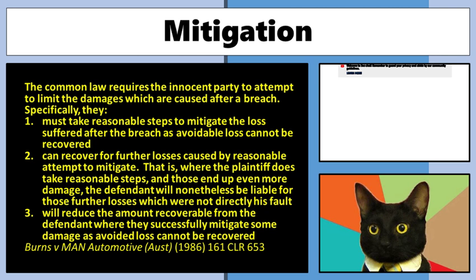That's really inefficient. So what they say is that Jackie from this point has to take reasonable steps to mitigate the loss. And the courts say if you don't do that, avoidable loss can't be recovered.